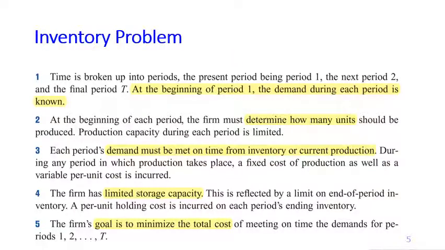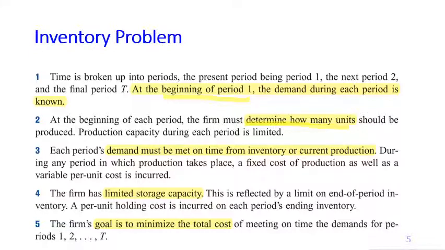So here are the characteristics of the inventory problem in this section. At the beginning of period 1, the demand for each period is known for sure. So at the beginning of the problem, we already know what the demands are for each of the next periods. And then what we need to do is decide how many units should be produced at each period.